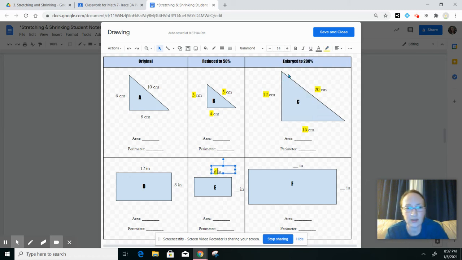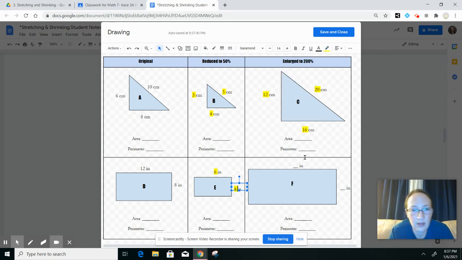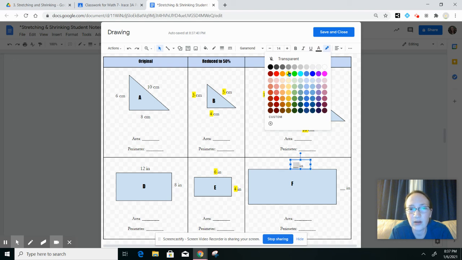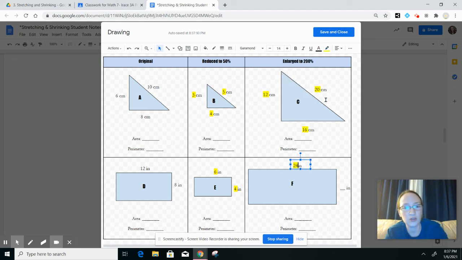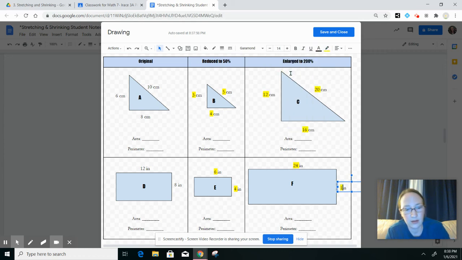So this is going to be 6 by 4. And when we go to enlarge this to 200%, using these original measurements, we are going to double them, getting 24 by 16. Okay.